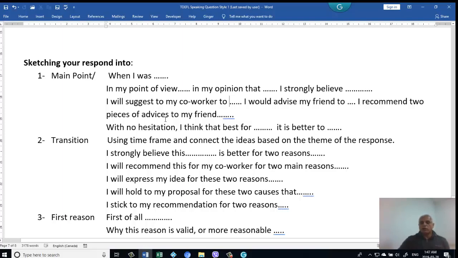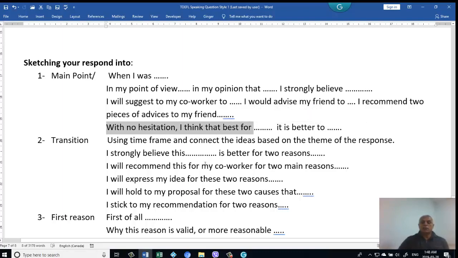I recommend 2 pieces of advice. Or maybe you could say, I suggest 2 pieces of advice. With no hesitation, I think that it is best to do something. It's better to, then continue.